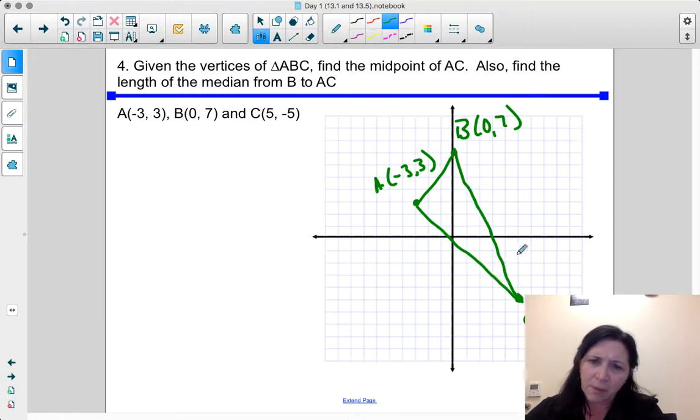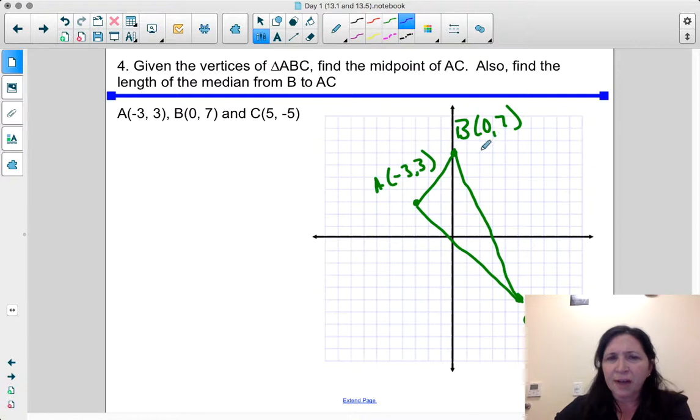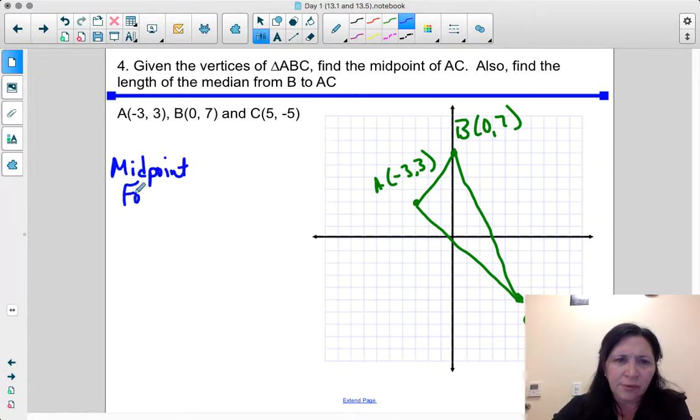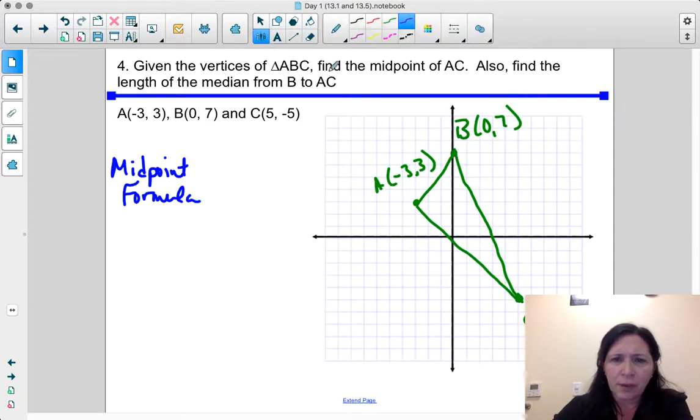And so what's happening now is you're trying to find the midpoint between the 2 points. Instead of finding the distance, we're looking for the midpoint. And so we do have a midpoint formula that you will use, and that's going to find the midpoint between any 2 points.